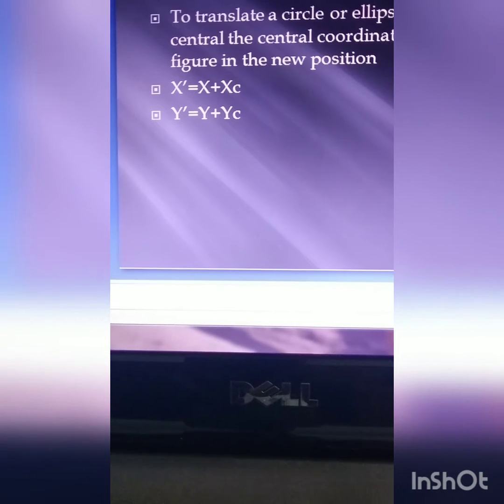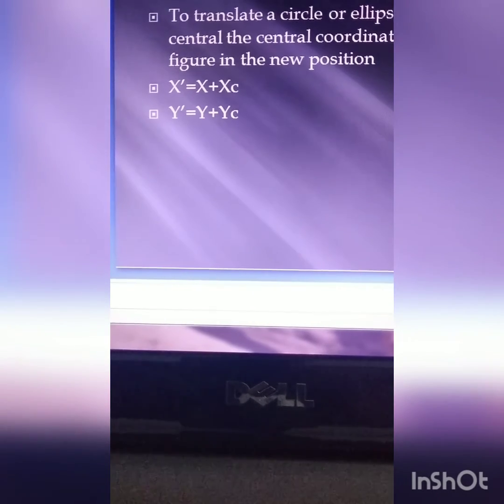X dash is the central coordinate, that is the translated central coordinates, and x y is the original coordinates, and xc and yc are, let it be, the translation distance of this circle or ellipse.